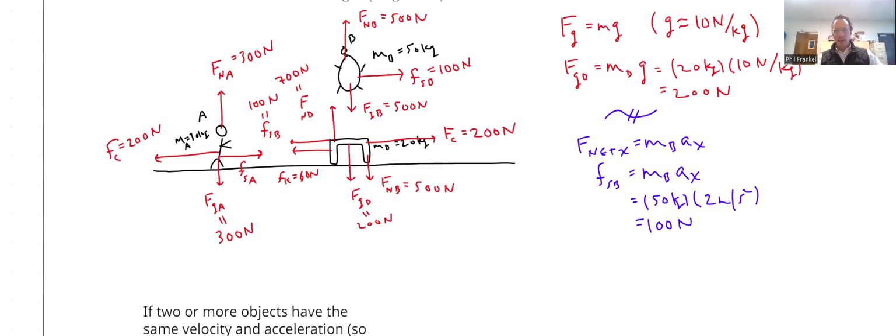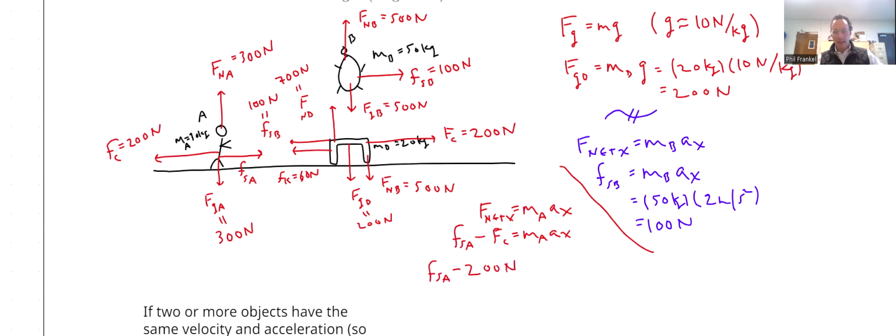Well, let's do a calculation. The net force in the x direction on Alice is the mass of Alice times her acceleration. The net force on Alice is what we want to find, the static frictional force on Alice's feet minus the contact force that the desk exerts leftward on Alice. So I want to find the static frictional force on Alice's feet, but I have to subtract on the left-hand side the contact force.